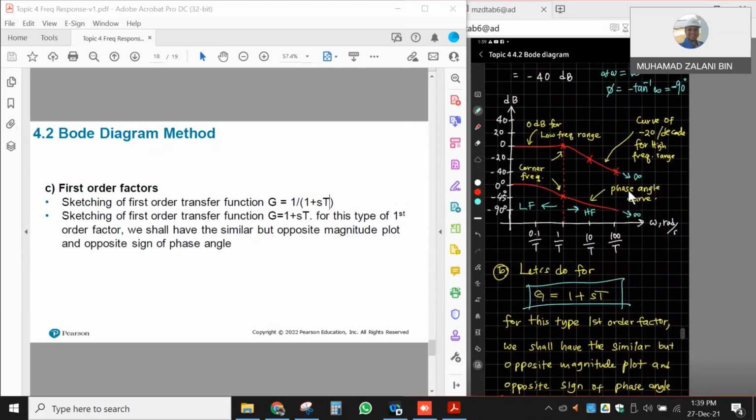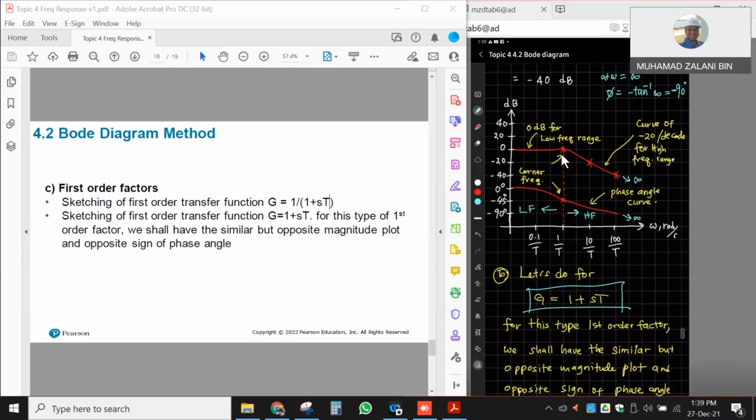Let's say this is the function 1 over 1 plus st. The magnitude will be constant at 0 until the corner frequency, then it will break downward in a straight line until infinity.